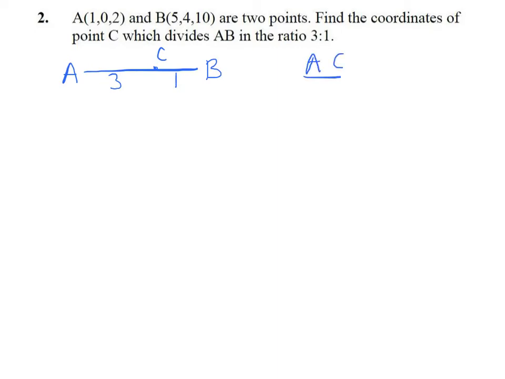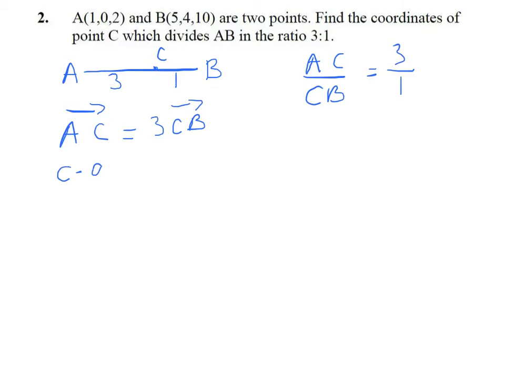So AC over CB is 3 over 1. I do a cross multiplication. AC is 3CB. I'm going to break that out. We can find AC by C minus A, and 3CB is 3B minus 3C.